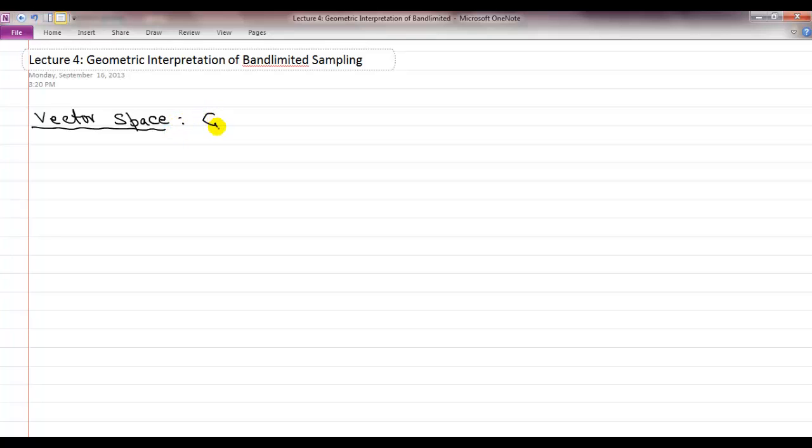So given a collection of objects, which we are going to write as capital V, where these objects can be anything. We are not going to say whether they are signals or they are matrices or they are vectors. They are just any collection.